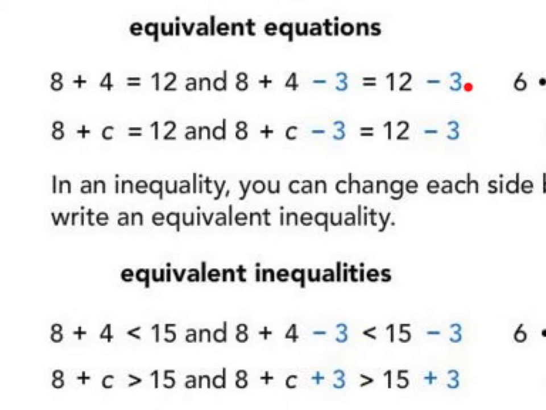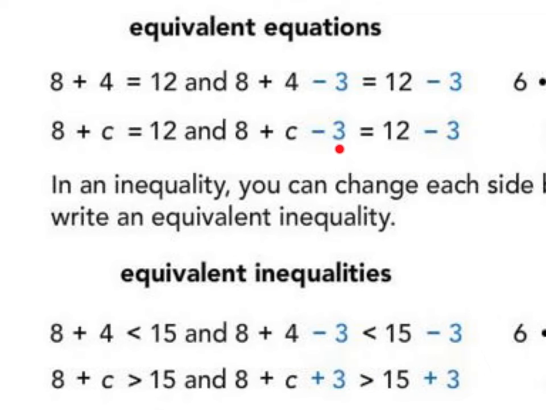As long as you subtract 3 from the right side, they're still going to be equivalent because you're doing the exact same thing to the left and the right expression. In an algebraic equation with a variable, 8 plus some number c is the same as 12. Well, 8 plus c subtract 3 is the same as 12 subtract 3. So they're doing the same thing.